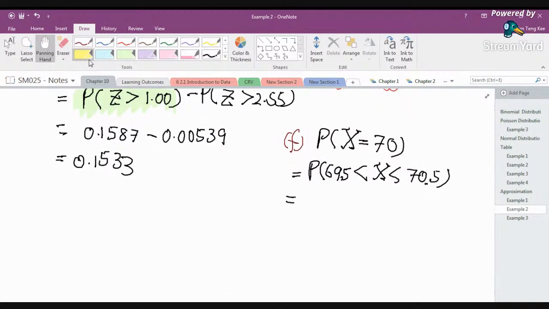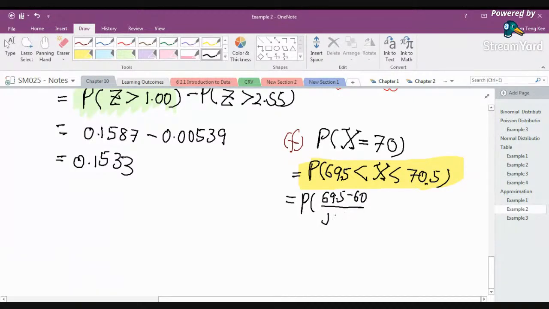So once again, what happened here is that we do continuity corrections. Then we follow by standardization. We take 69.5 minus the mean 60, divided by the standard deviation, so the X term becomes Z. And 70.5 minus 60, divided by the square root of 42.